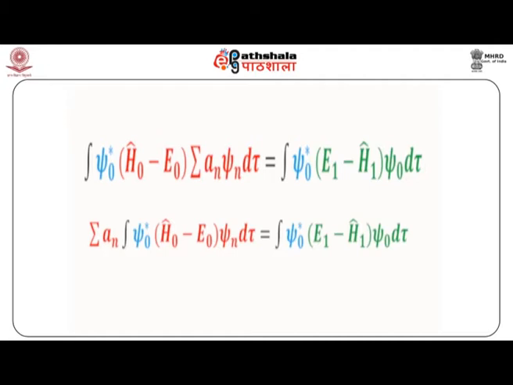If we solve the left hand side of equation 17, we get correspondingly this becoming equal to summation a n integral psi 0 star (H0 minus E0) psi n d tau.